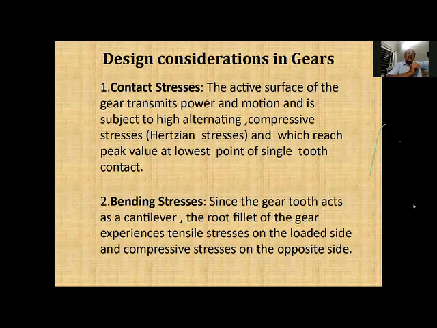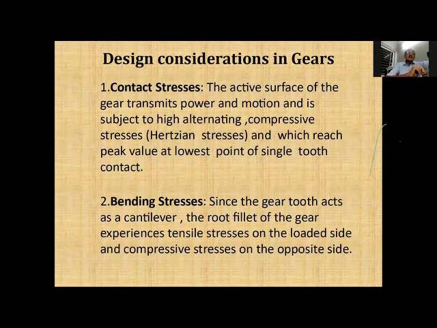That single, very small strip has to support the total load as well as the payload of the vehicle. So the stress involved there is of very high value, and that's why contact stress is one of the major factors in the design.